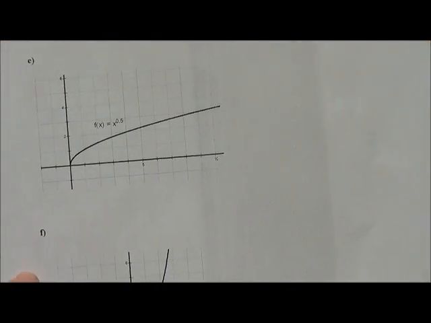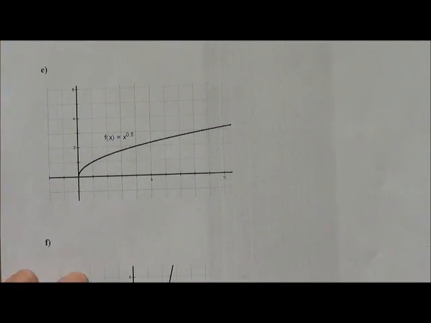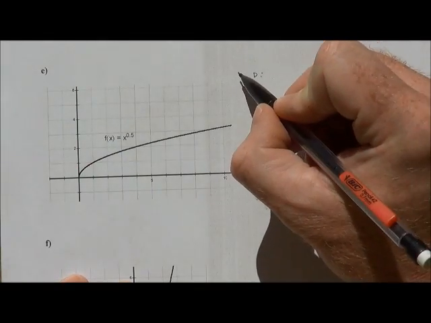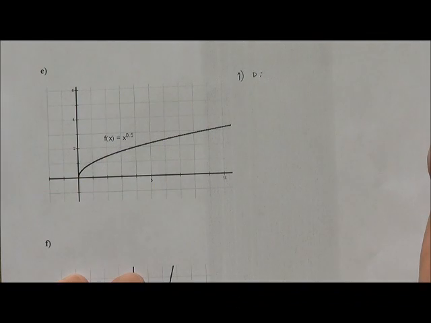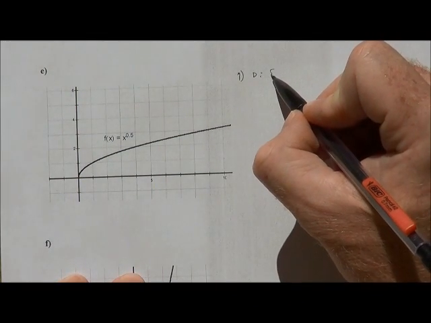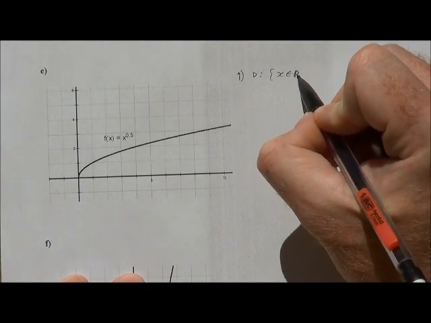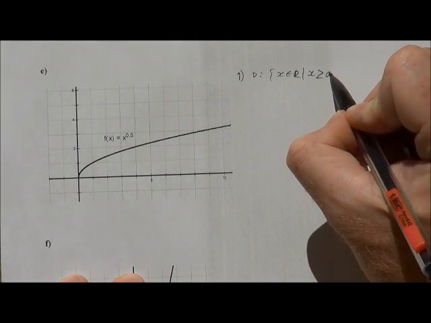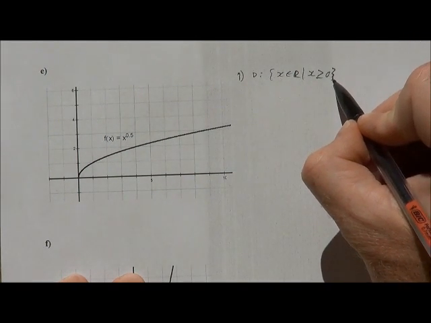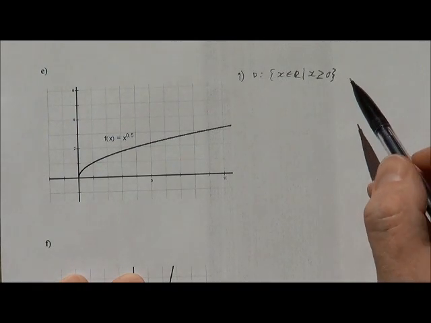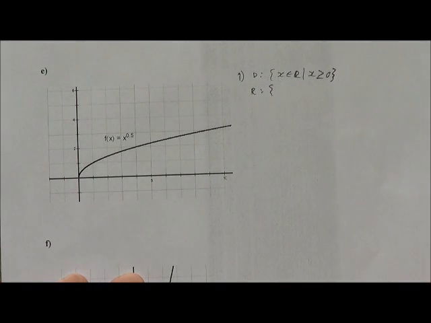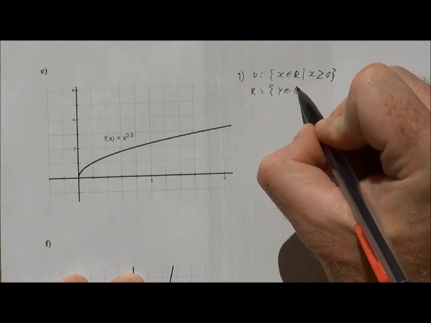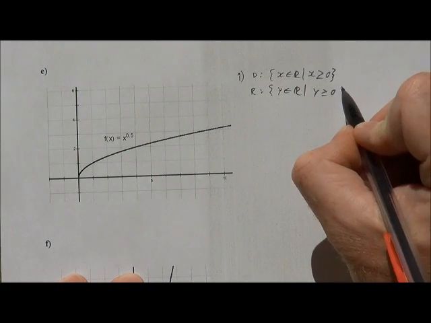Moving along to the square root function now. Okay, write out the domain and range, please. So the domain is x an element of all real numbers such that x is greater than or equal to 0. The range, y is an element of all real numbers such that y is greater than or equal to 0.